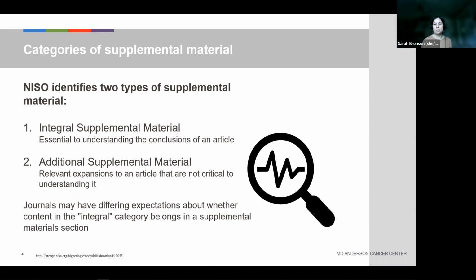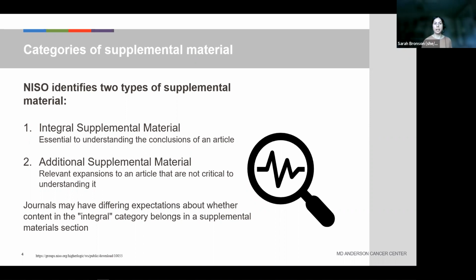And these definitions are going to be open to interpretation. Yours, the journals', the readers': what one person might consider integral, another might consider additional. And journals also may have different approaches to how these types of materials should be handled.